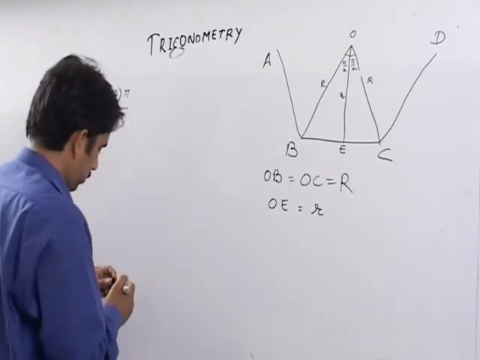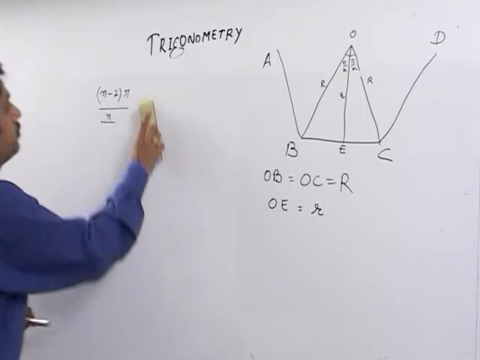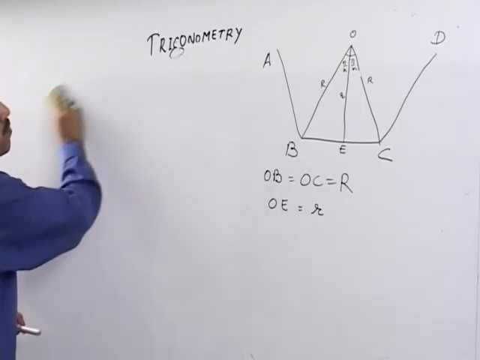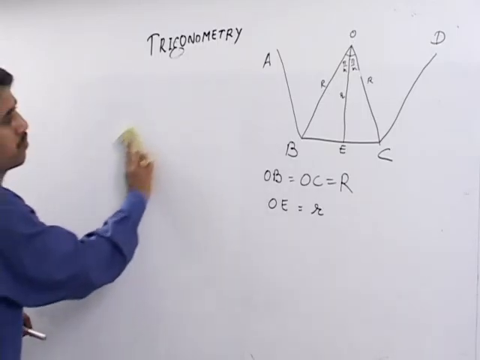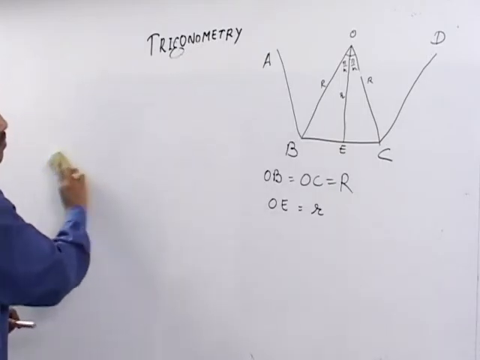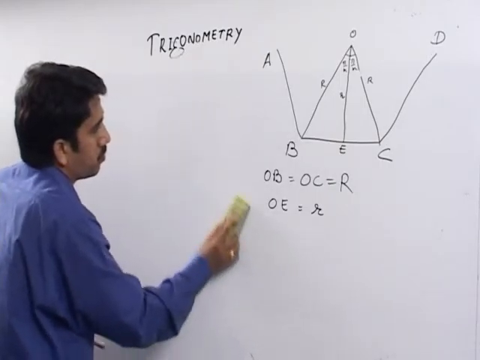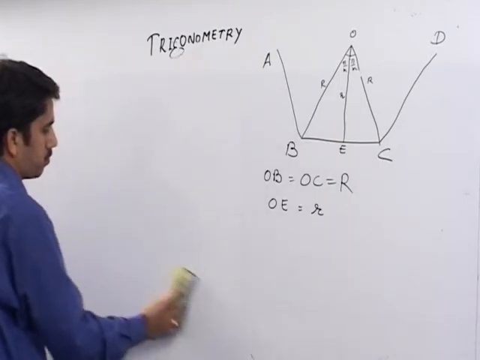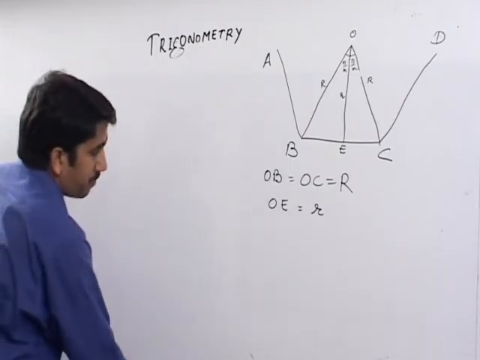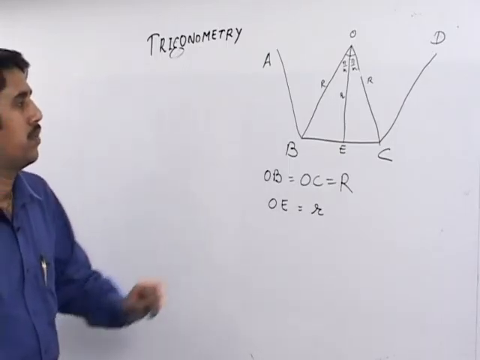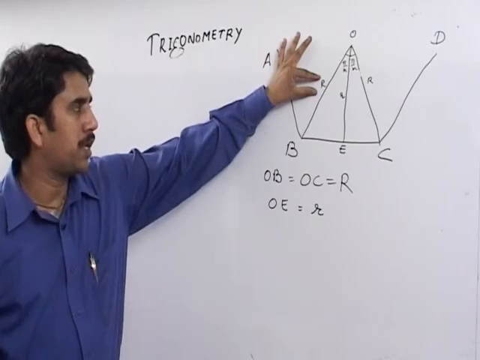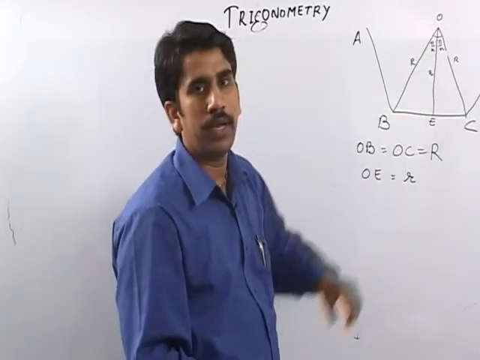Now let us find the result for this capital R and pi by n.